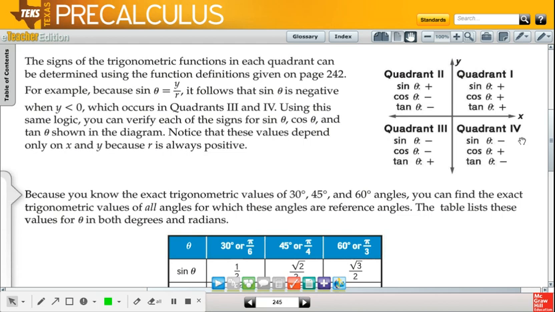Now, if you look at this in terms of x and y, in quadrant 1 you see that your x values and your y values are positive.